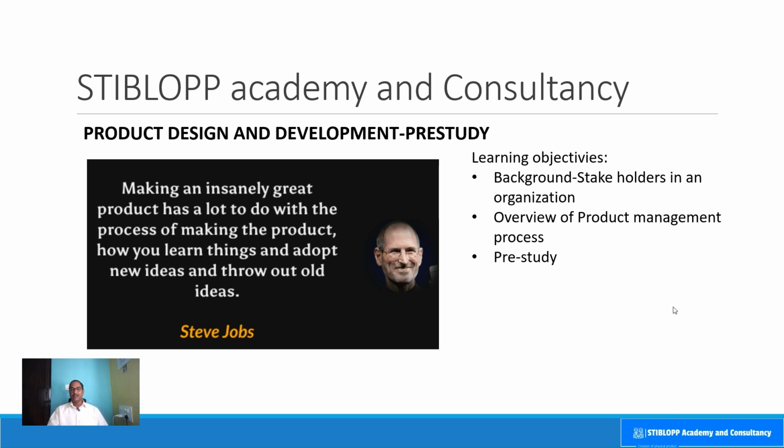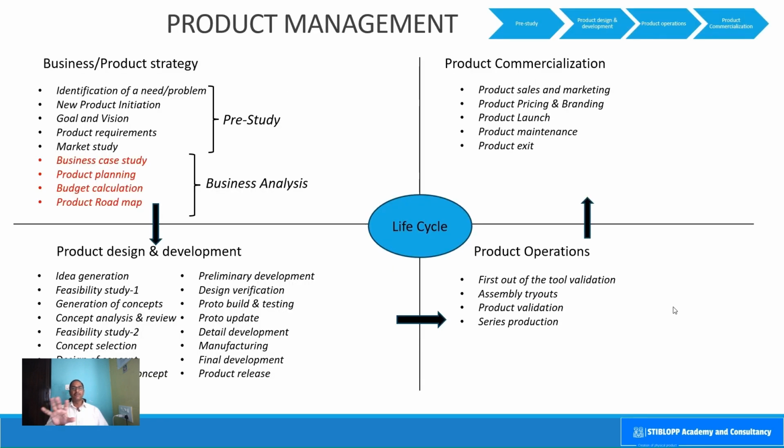Okay, moving on. This is the product management slide which I wanted to tell you. I hope you are familiar with this particular picture which I already showed you in my previous session. The product management starts with the product strategy or the business strategy, followed by the product design and development, then product operations and product commercialization.